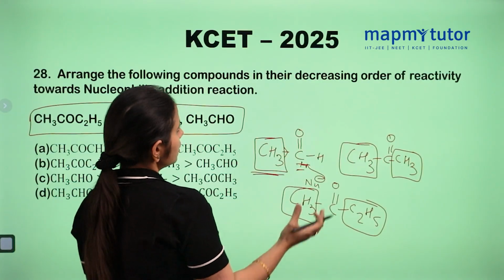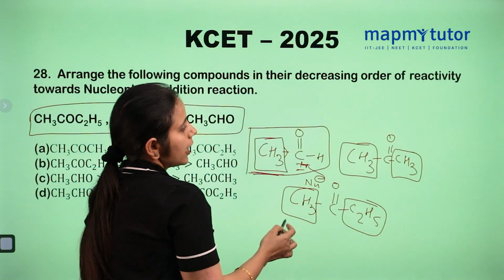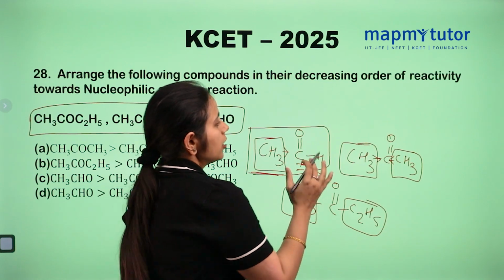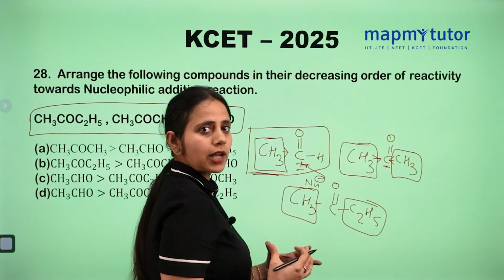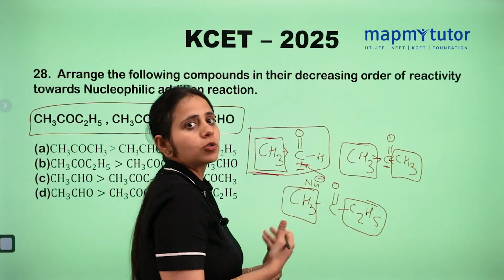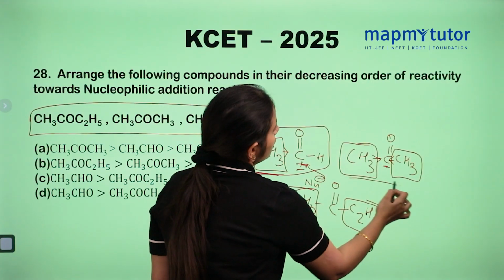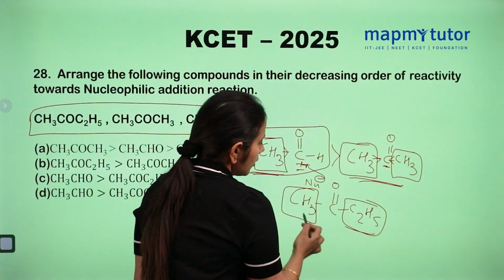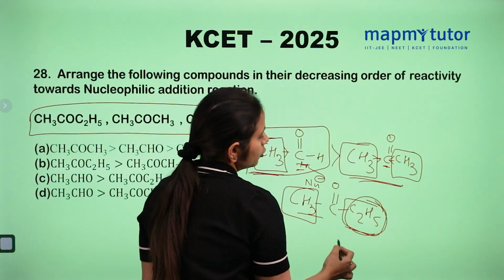In decreasing order, first will come CH3CHO. In the others, 2 electron donating groups are present, so the electron deficiency is decreased because 2 groups are already donating to this carbon. It will be electron rich. Why would a nucleophile attack a carbon which is already electron rich? So its reactivity is lesser as compared to the aldehyde. And here, apart from the 2 electron donating groups, the C2H5 will cause steric hindrance.